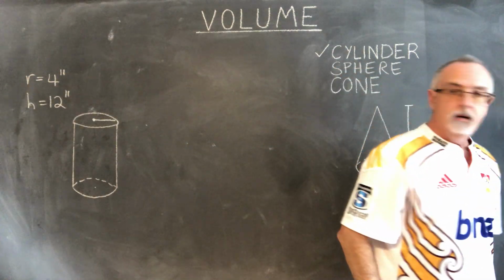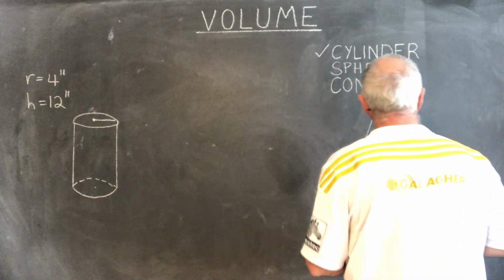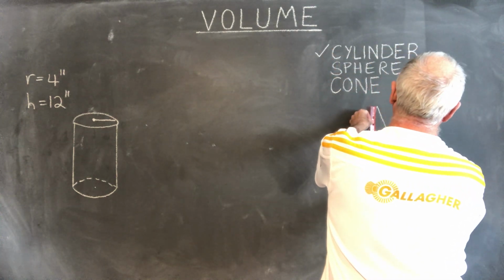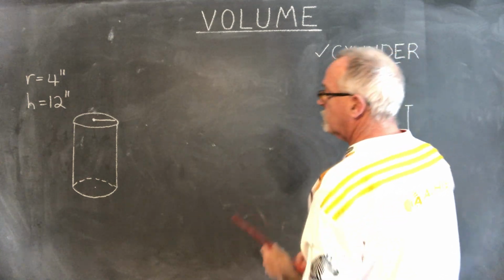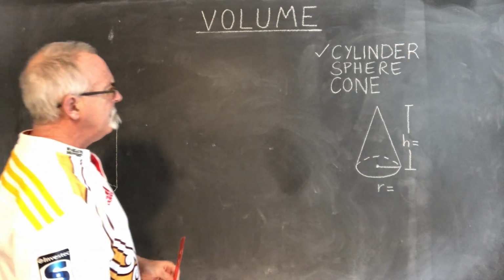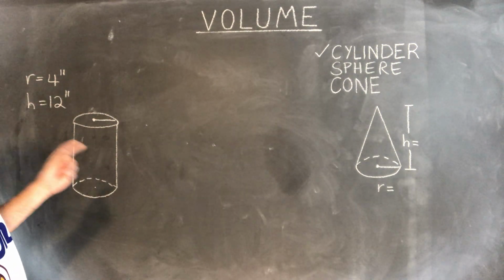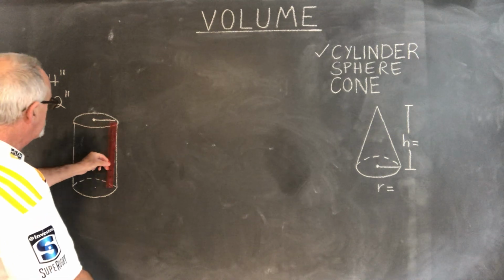And that's kind of interesting. 12 inches? Let's see here. Is this 12 inches? Oh, this is also 12 inches. Interesting. It looks like this cone is smaller, but actually it has the same height and the same radius.